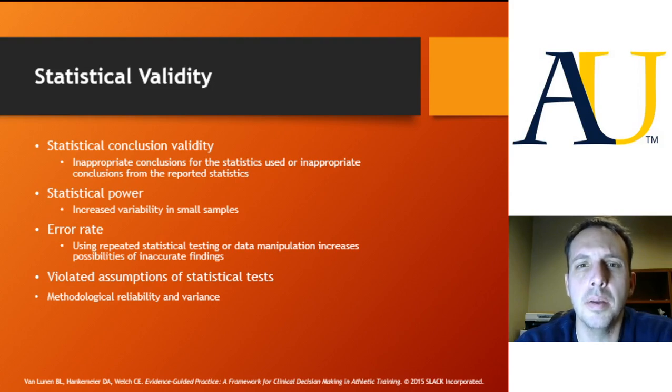Another component to consider that's new from our previous discussion is the idea that as you increase the number of statistics that are performed, or the amount of manipulation that occurs within the data, you increase the error rate of those statistics.